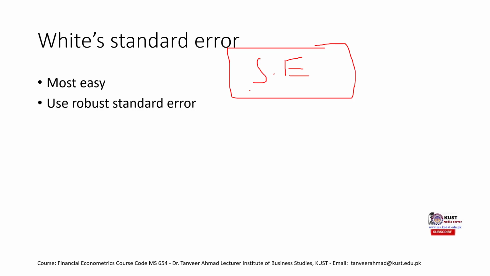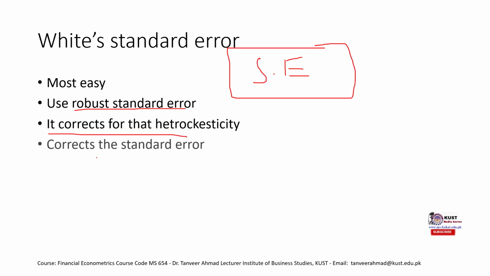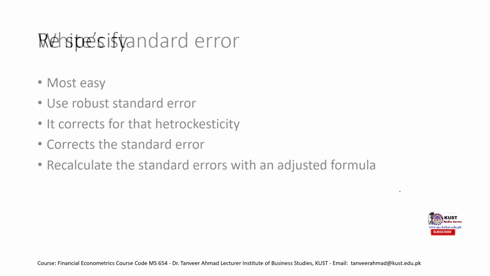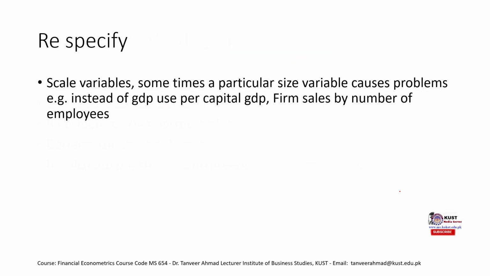Those techniques used in your statistical package would use some kind of a modified formula of finding the standard error. So this is what we call robust standard error. It would correct the issue of heteroskedasticity in the standard error. It would recalculate standard errors using an adjusted formula. That is what I just said, that we would have standard errors, but those standard errors would be calculated using a modified formula.